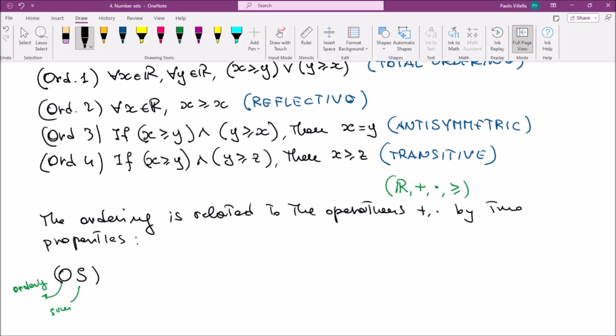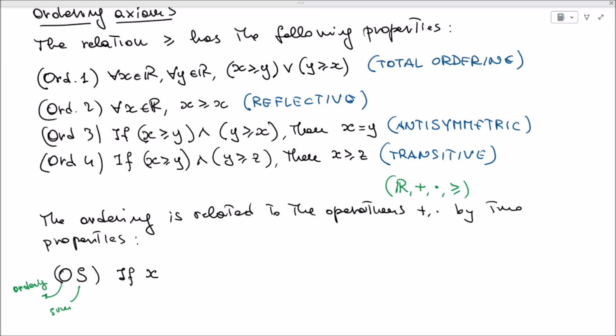And this property is the following. If x is larger than or equal to y, then x plus z is larger than or equal to y plus z.